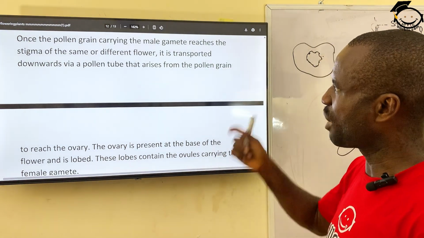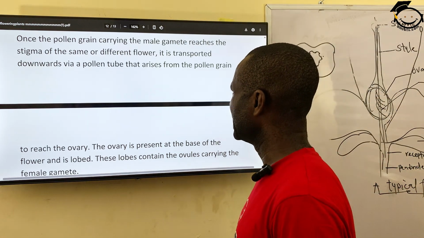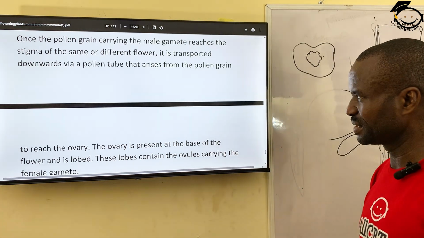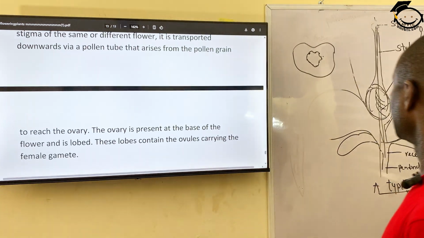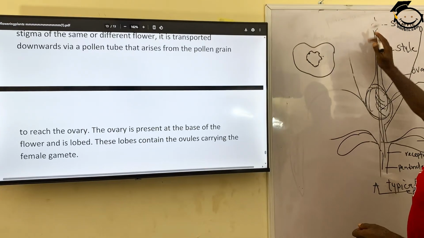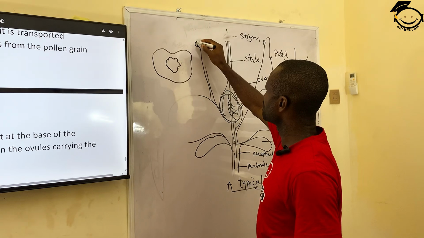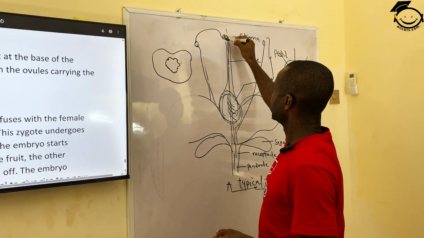Once the pollen grains carrying the male gamete reach the stigma of the same or different flower, the male gamete is transported downward via the pollen tube that arises from the pollen grain to reach the ovary. We can see this structure, which is the pollen tube, transferred here.